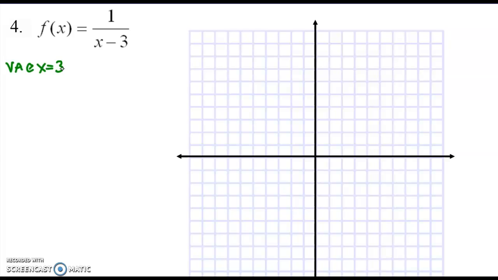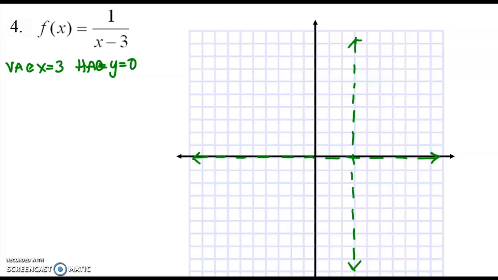We also know that there will be a horizontal asymptote because it's a rational function, and you can see that the degree of the variable is higher in the denominator, so the horizontal asymptote will occur at y equals 0. Okay, so we can draw those on, pause it, and do that.